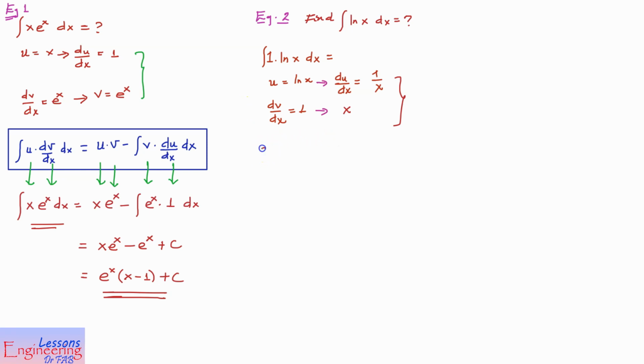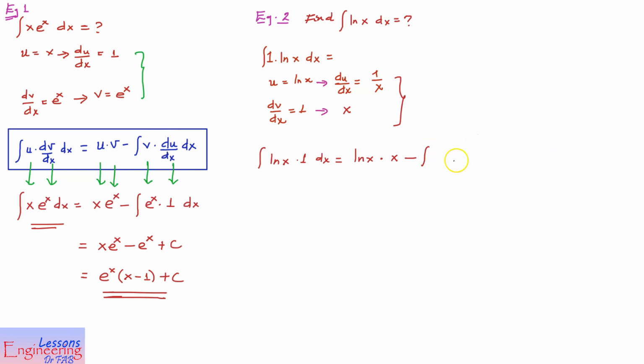So that will be the integral of u, which is ln x, and dv by dx is 1, dx. This equals u times v, where u is ln x and our v is x, so x times ln x, minus integral of v.